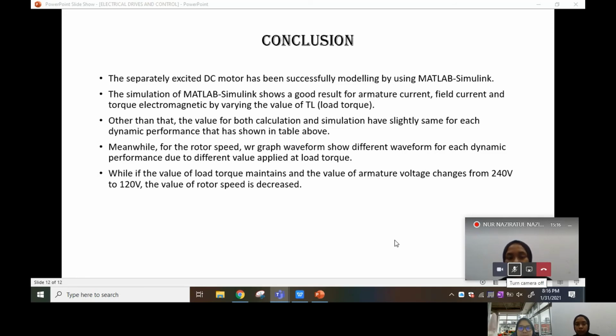Meanwhile, for the rotor speed, the graph waveform shows a different waveform for each dynamic performance due to the different value applied at load torque. And lastly, we can conclude that when the voltage changes from 240 volt to 120 volt, the value of rotor speed also decreases.